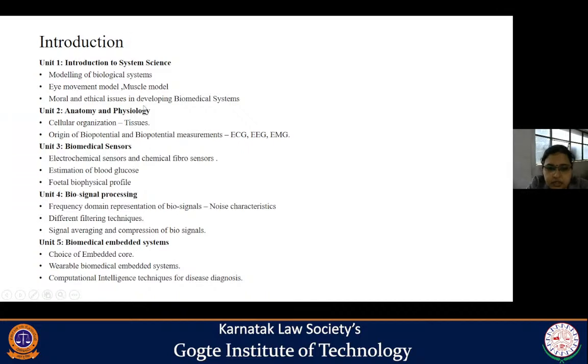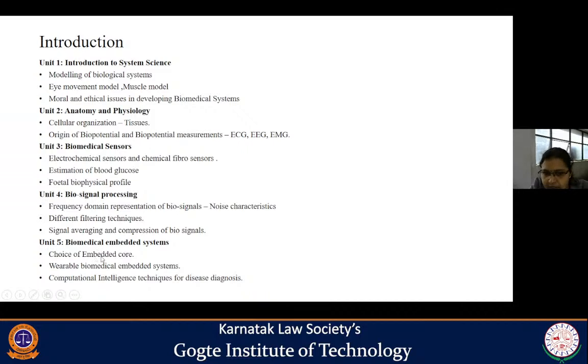Unit 5 is biomedical embedded systems. Here, once we get a pure signal, it has to be given to the embedded core, a microcontroller or processor. So we'll be discussing the choice of embedded core in unit 5 in brief. Students may have an idea about embedded systems, microprocessors and microcontrollers from other departments like electrical. That knowledge can be utilized here.